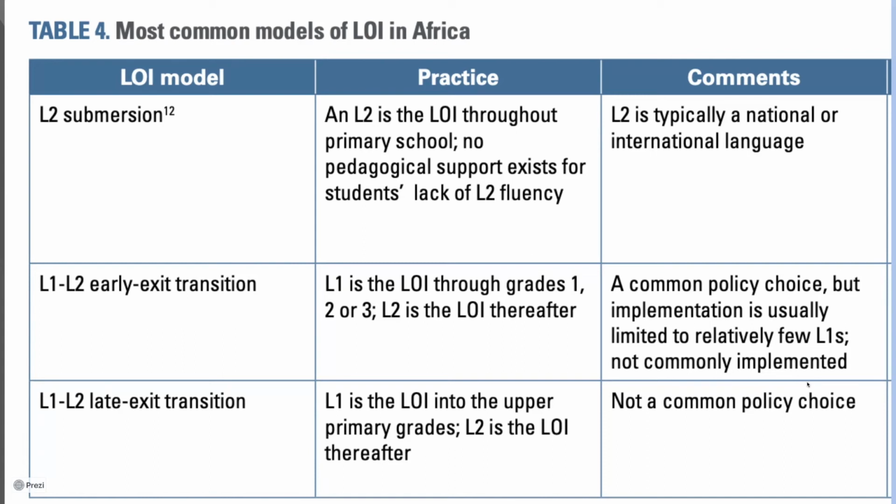But this policy itself is not commonly implemented. And then far, far less common is the model featuring first language to second language late exit transition, in which the first language is a language of instruction into the upper primary grades, and the second language is the language of instruction thereafter. And this is not a common policy choice, unfortunately.